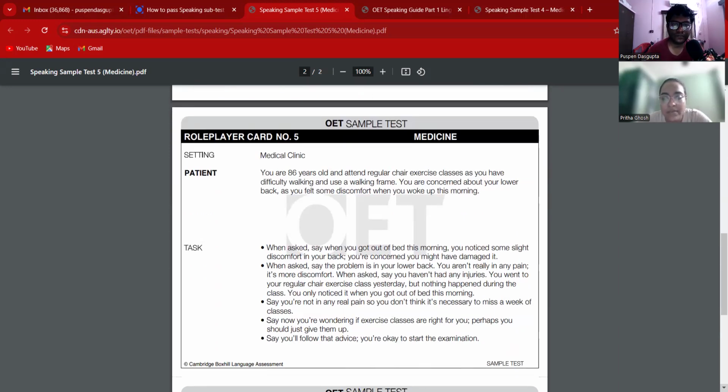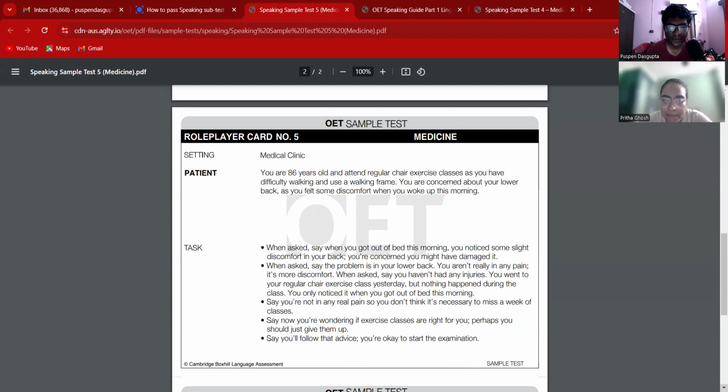Okay, let's do five. So again, there's no need to repeat the whole thing. This is the role player card which the interlocutor will have in front of them on their screen in the exam, and the candidate card will be with the candidate, that is the examinee. So this is the setting. The setting here is medical clinic.